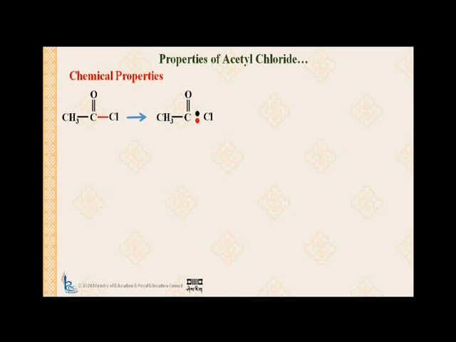In this case, chlorine has higher electronegativity, and electronegativity is the tendency of an atom to pull the shared pair of electrons towards itself. So since chlorine has higher electronegativity, it will pull the shared pair of electrons towards itself. When it does, chlorine will develop a slight negative charge because of the close proximity of the electrons.